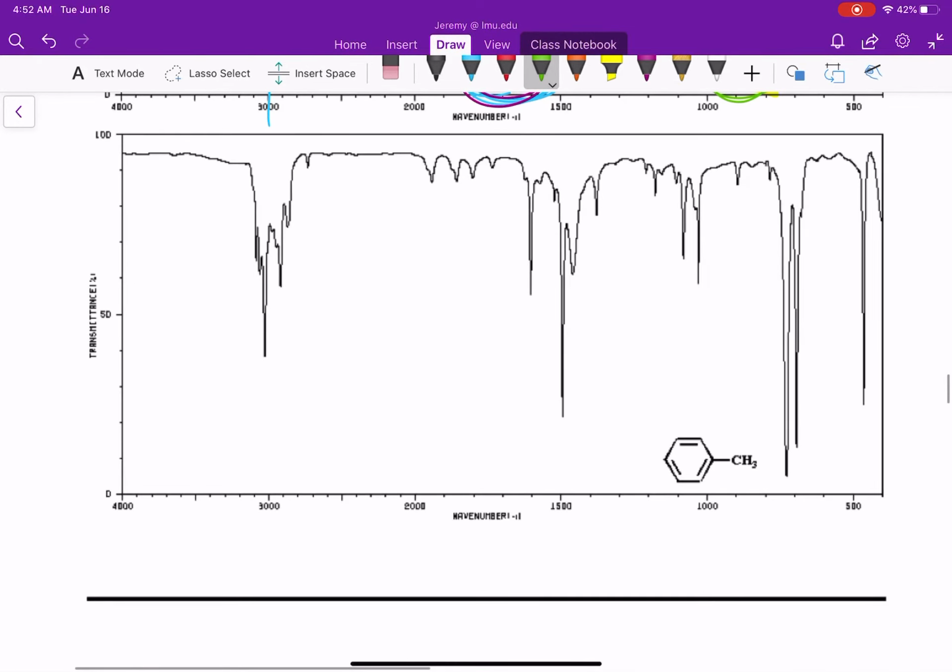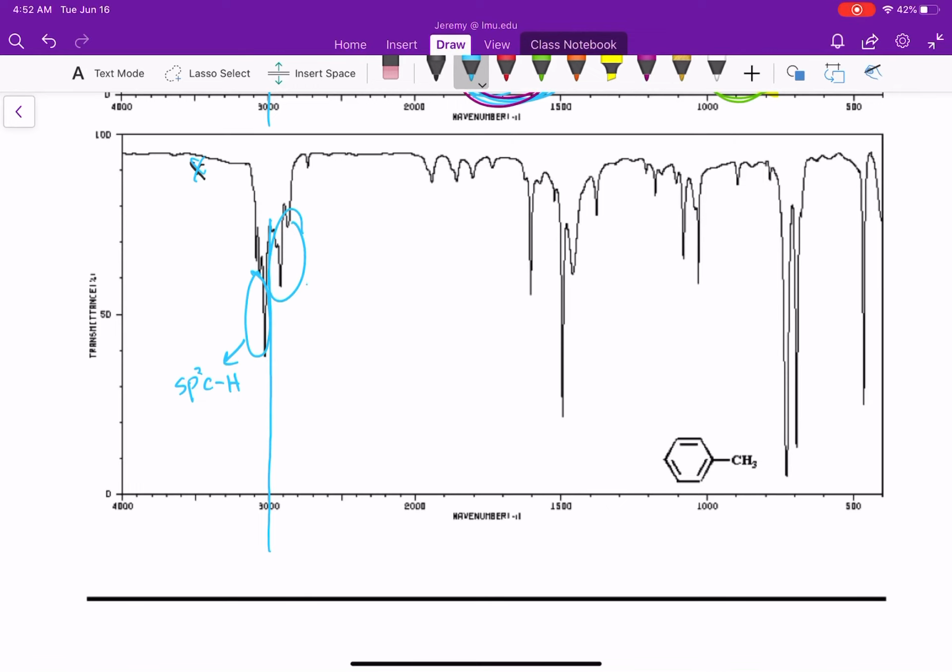The next spectrum that we can look at here, and I think this is the last one we're going to look at. Let's identify this. Nothing in zone 1. Zone 2, we can draw in our 3000 line. We see we have some peaks to the left of that, between 3100 and 3000. Those are clearly sp2 C-H bonds.